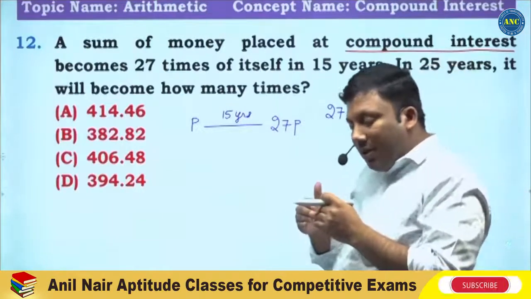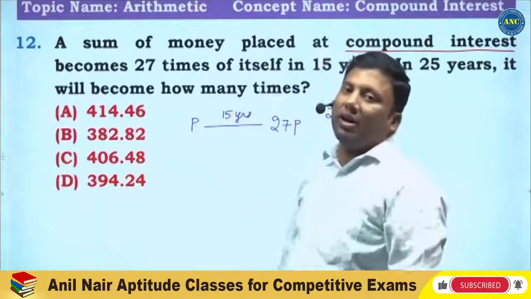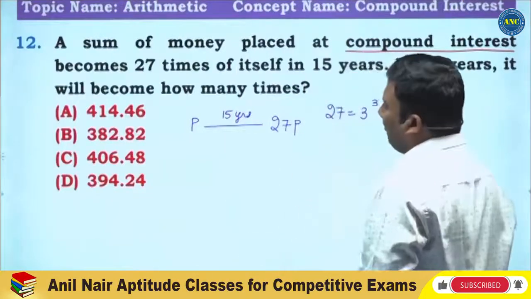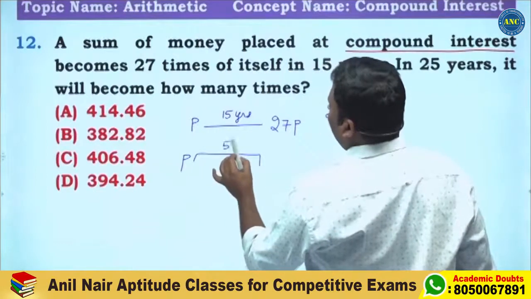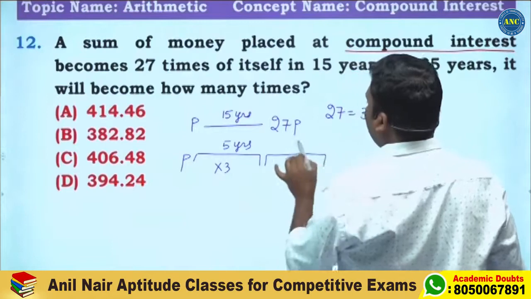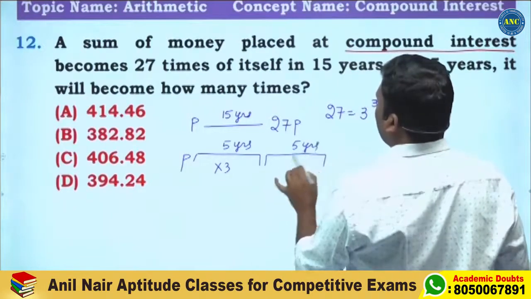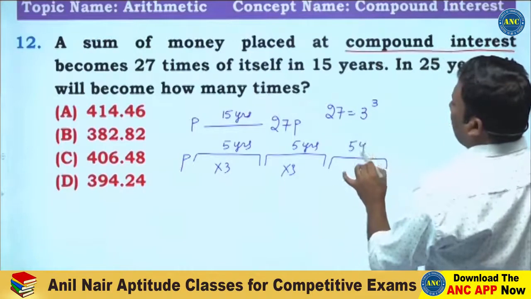That means it is becoming into 3, into 3, into 3. Divide the number of years by 3. So for every 5 years, it is becoming into 3.